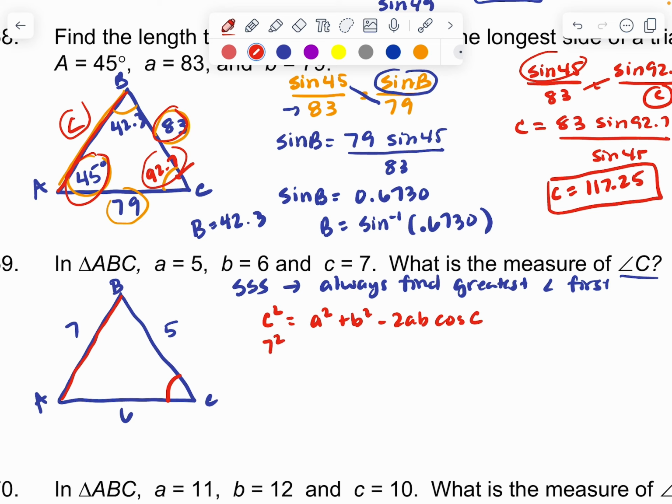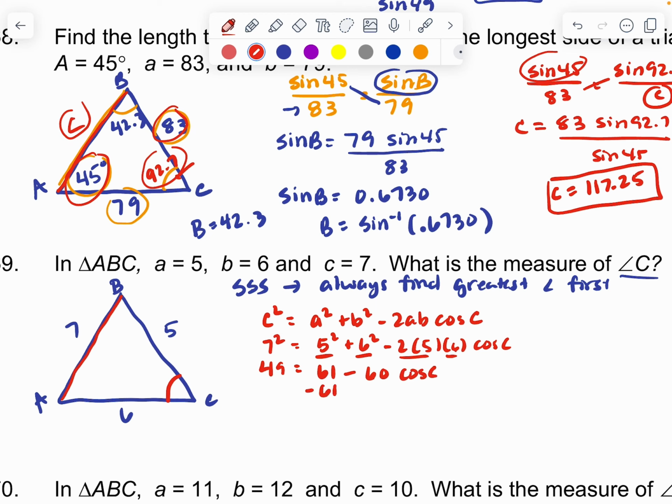This is 7 squared equals 5 squared plus 6 squared minus 2 times 5 times 6 times the cosine of c. So this is going to give you 49 equals 25 plus 36, which is 61, and then minus 10 times 6, which is 60, cosine of c.